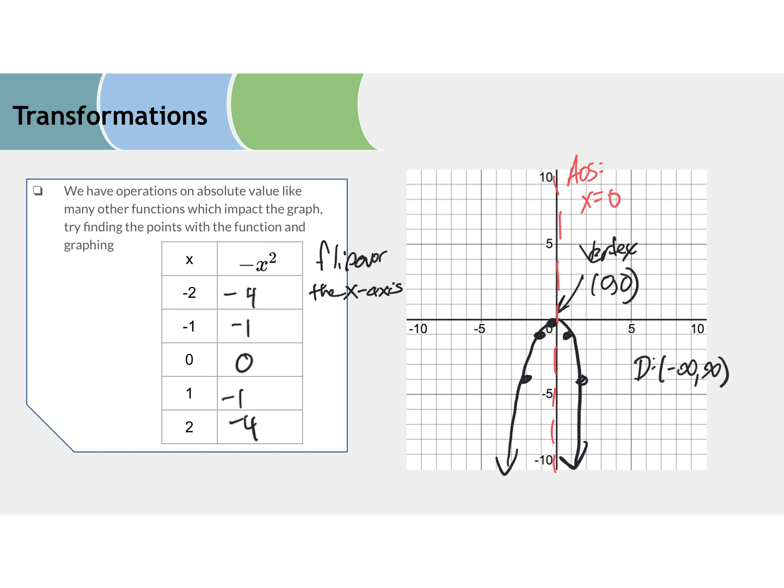So this graph goes left and right forever still, but the range has now been modified because the graph no longer goes up forever. It starts from -infinity now, and then we'll go all the way up to 0. So when you have this flip, it actually switches your range, which is kind of important to the overall shape of the graph.